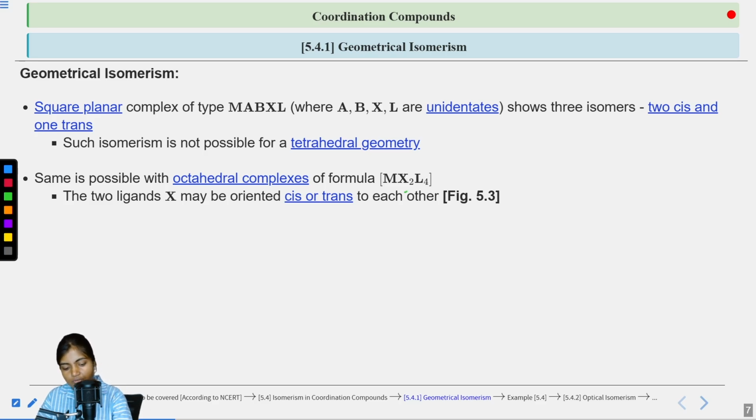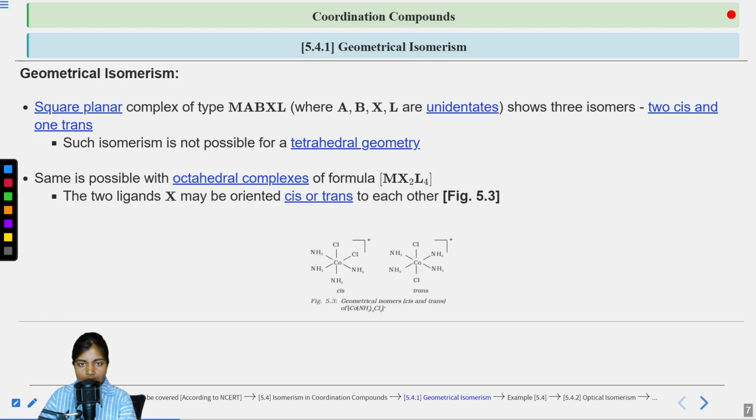So let's see this in figure 5.3. This is figure 5.3 showing the geometrical isomers, cis and trans form, of the complex [Co(NH3)4Cl2]+. This is an octahedral complex where the central metal cobalt is connected with four molecules of amine and two molecules of chlorine.